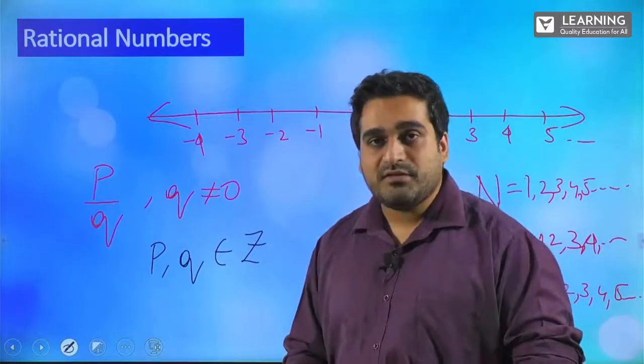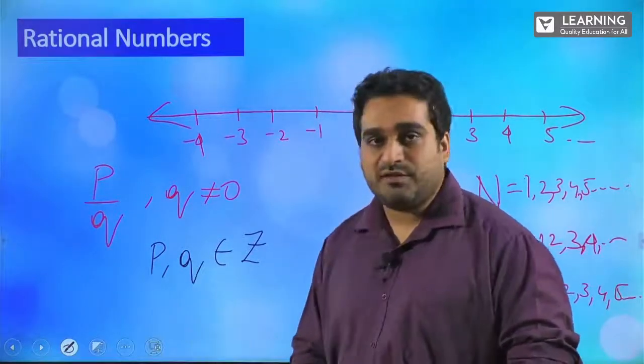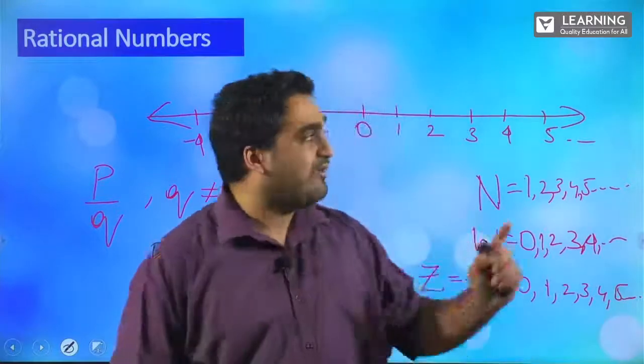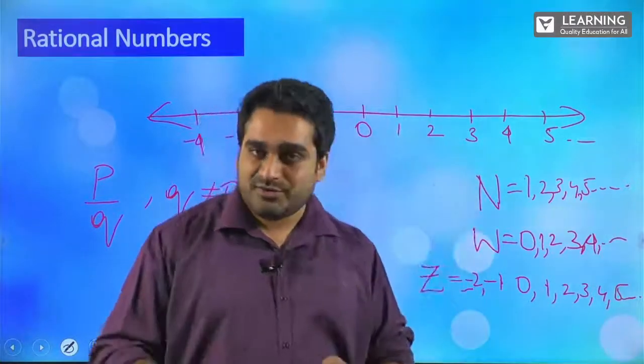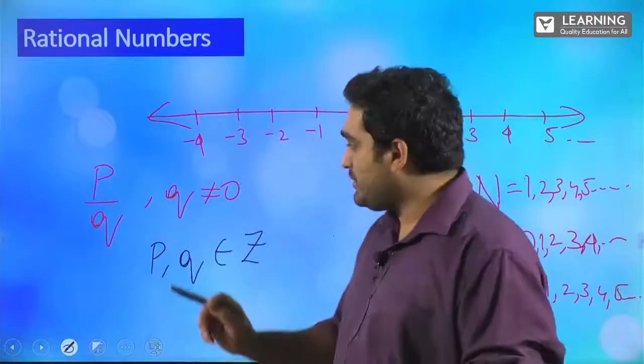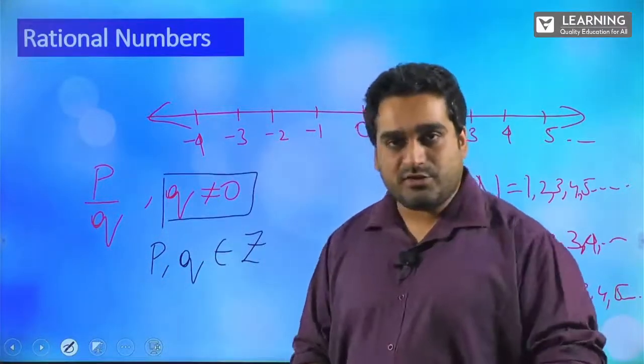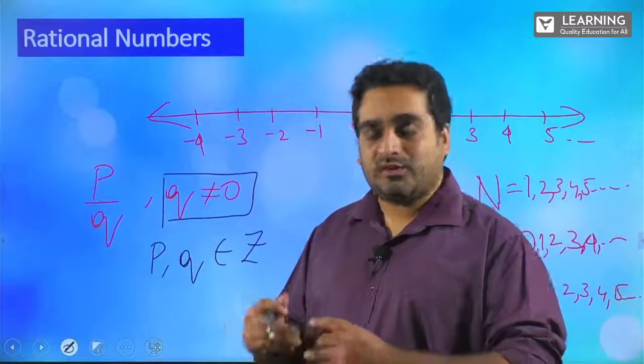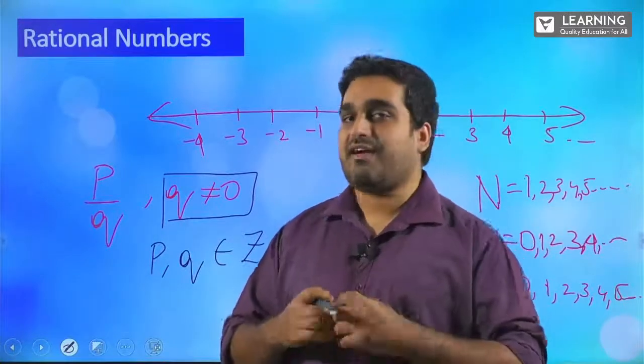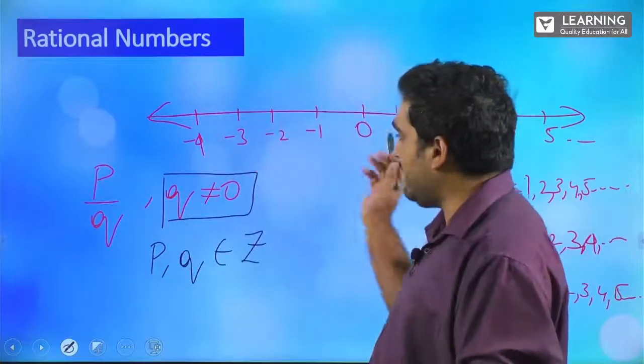Now you may say, Q, if it is an integer, then it must have the number 0. So here I've made the condition where Q should not be equal to 0. Apart from Q not being equal to 0, it can have any other number on a given integer line.